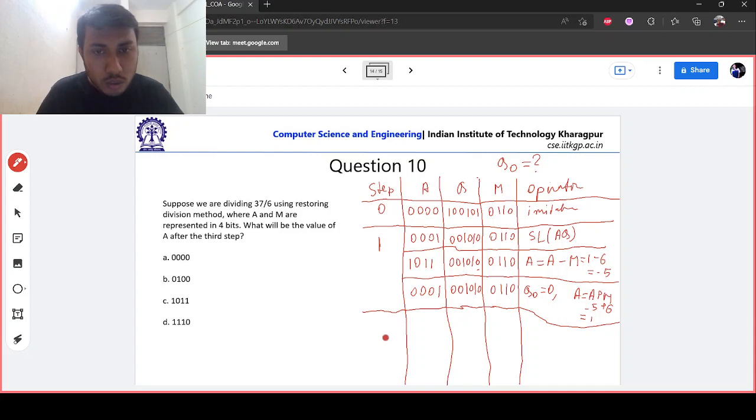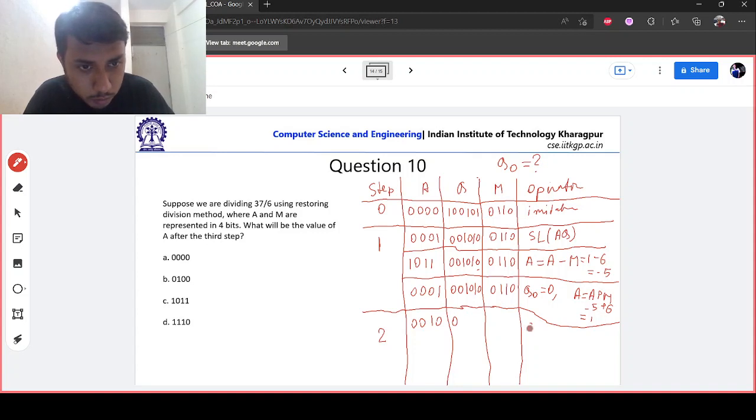Right. So now let's come to step 2. First, we shift left AQ. So it will be 0 0 1 0, and this 0 will come here.